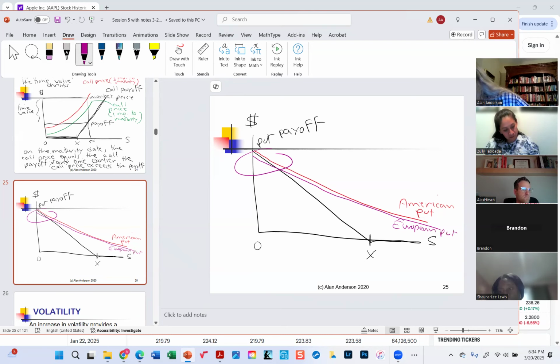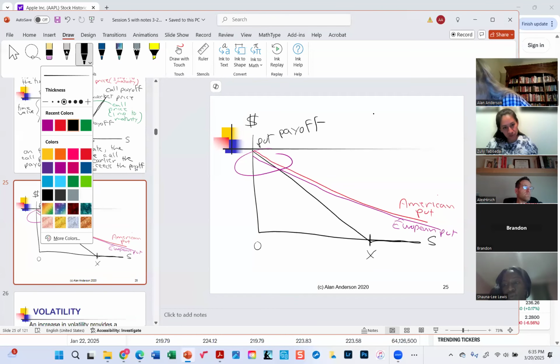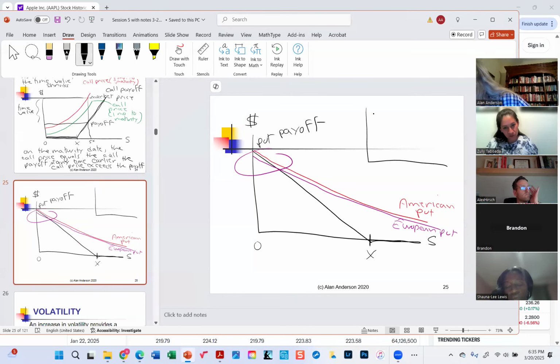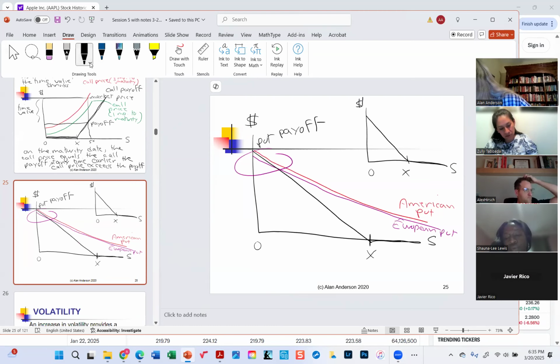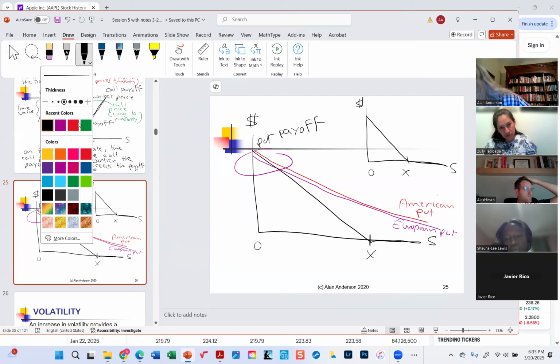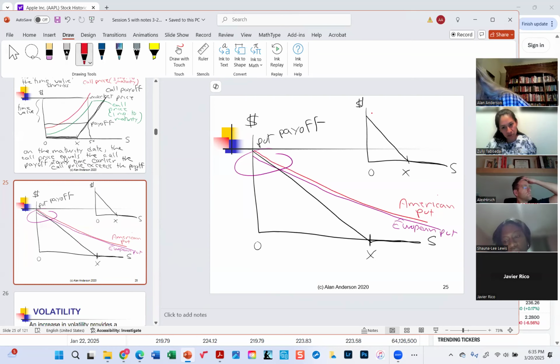I'm going to magnify this, by the way, real fast, so you can really see it. Reserve payoff profile. So the American style option, which is red, cannot fall below this line. And that's because of the early exercise feature.